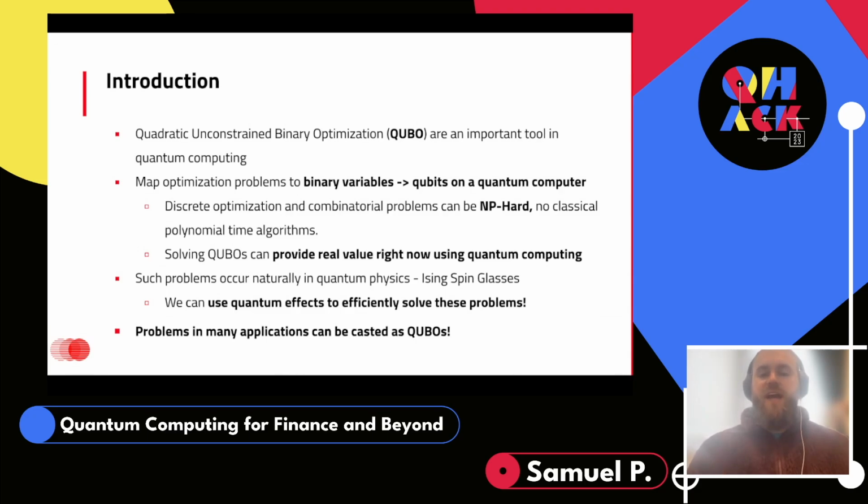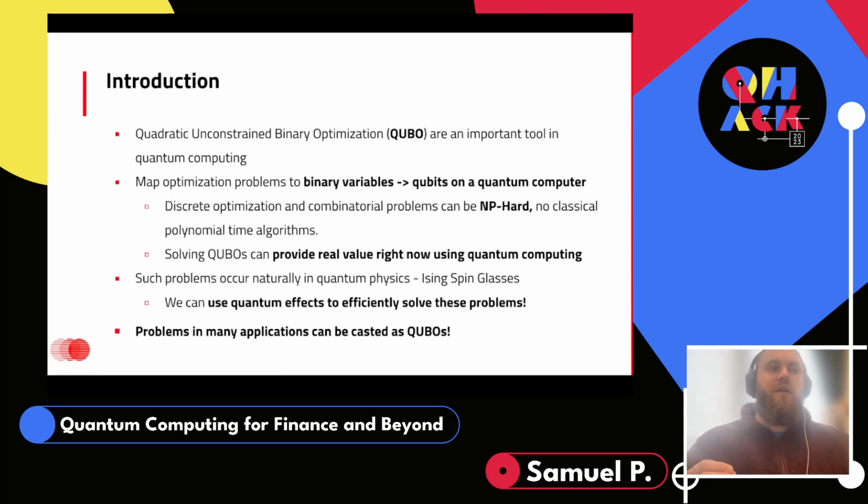This means we can find really valuable solutions using quantum computers right now that you can't get with classical machines. This is a technique we can use to provide real value using quantum computing right now.